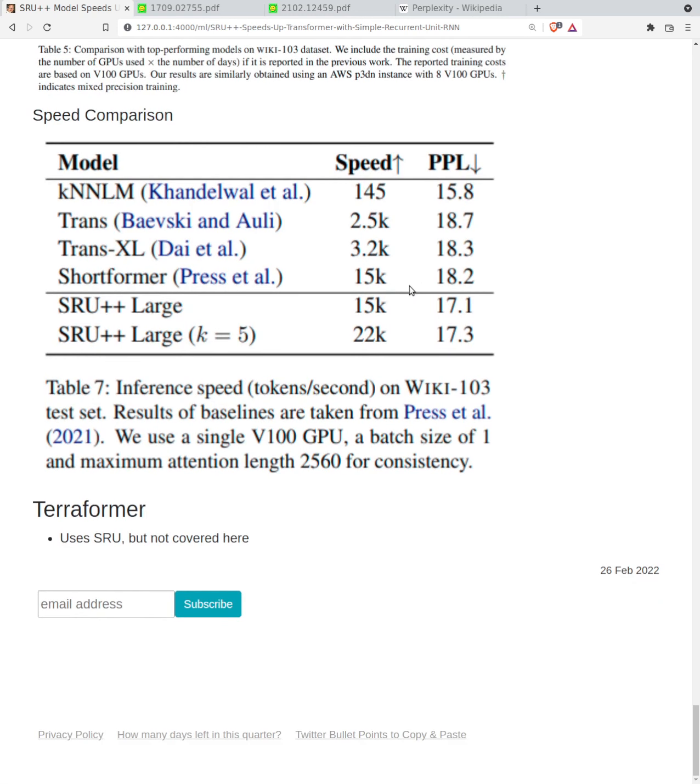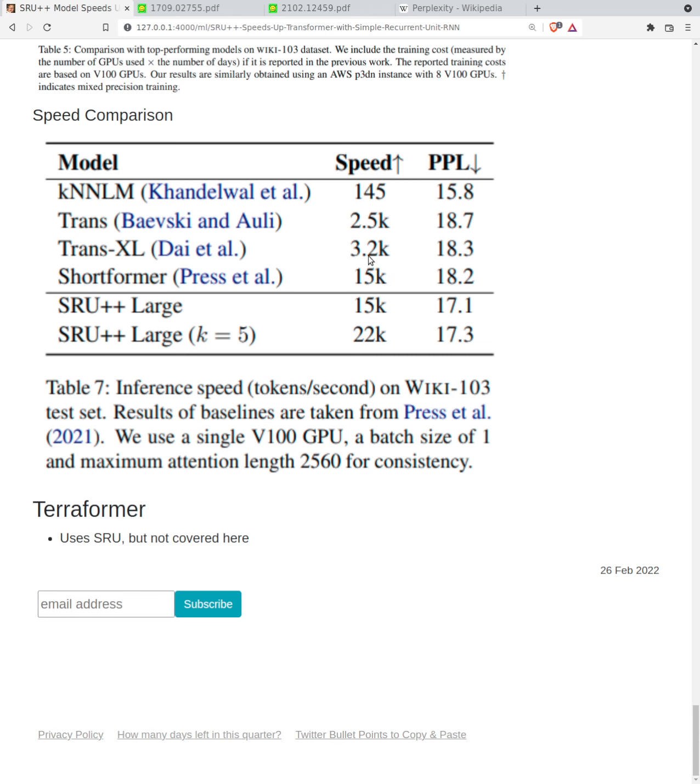The speed comparison as a final result is that this SRU++ large, achieving perplexity better than Transformer-XL, worse than kNN-LM, has huge speed, right?